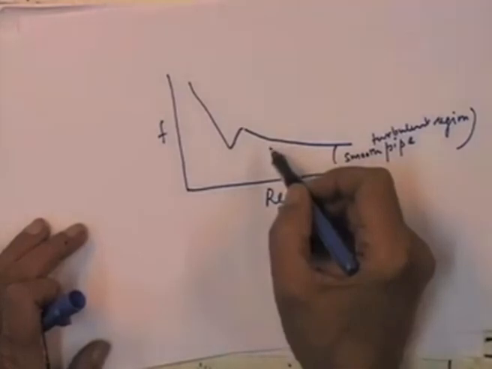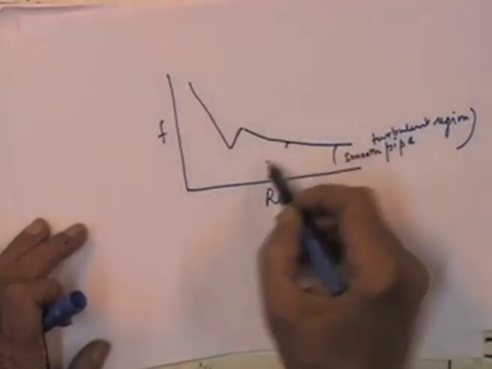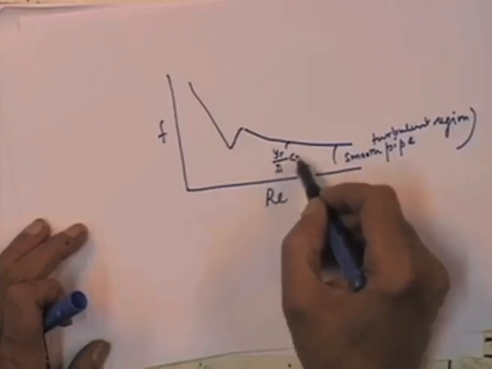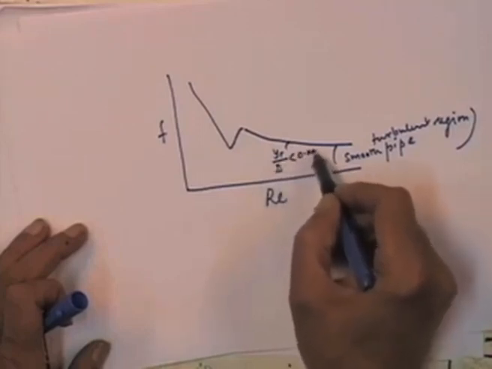This would have the roughness height YR by D less than 0.001.